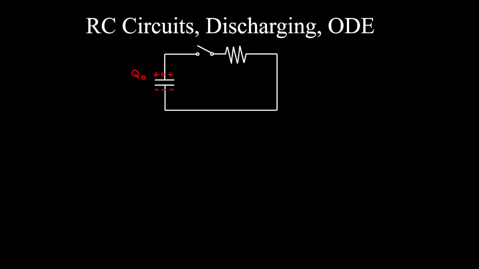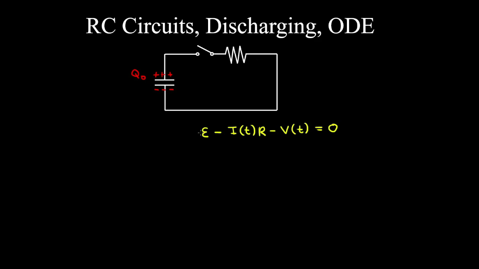So recall that we had Kirchhoff's law applied to this loop was the electromotive force of the battery minus the current as a function of time by the resistance and minus the voltage across the capacitor was equal to 0.